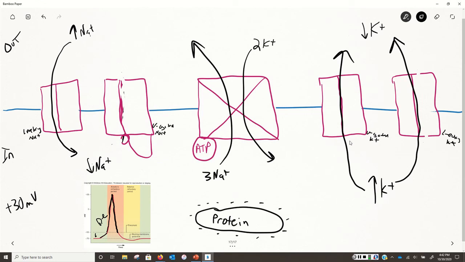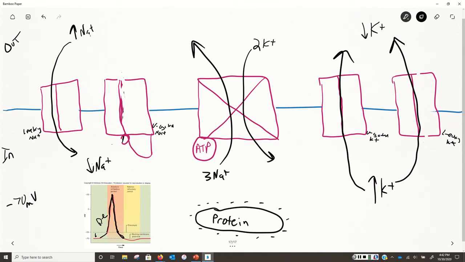First, let's look to see what happens to our number here. It goes from positive 30 and it starts to drop. How far does it drop? Well, back to rest, back to negative 70 millivolts.